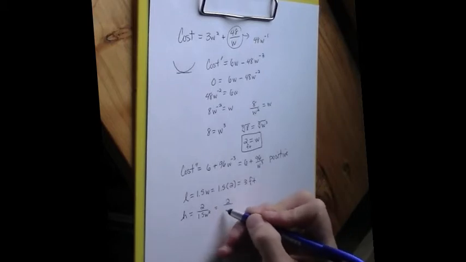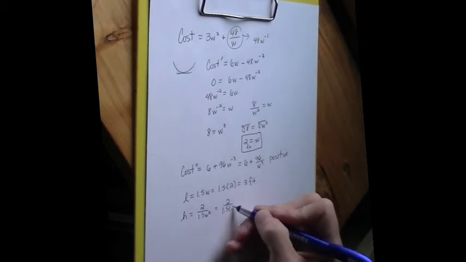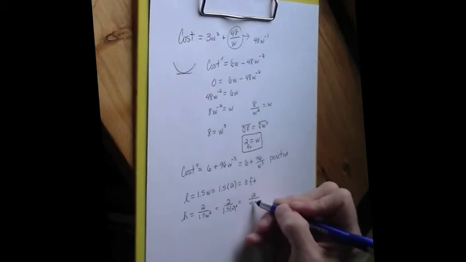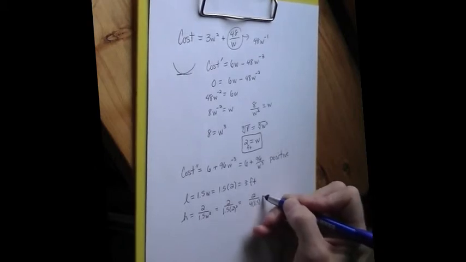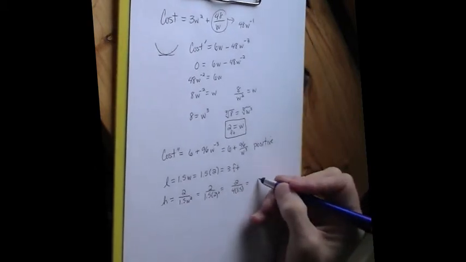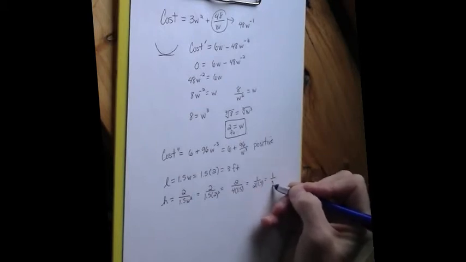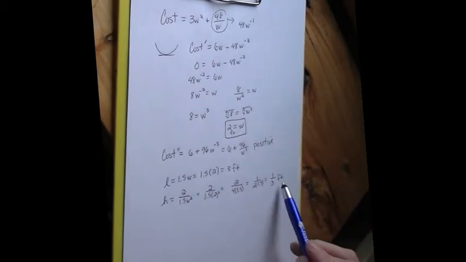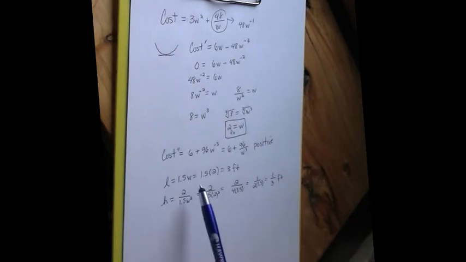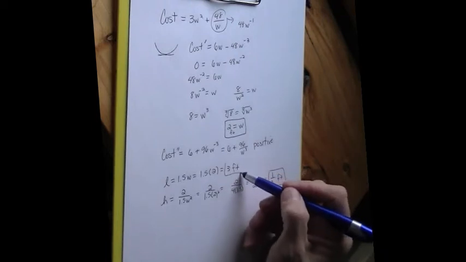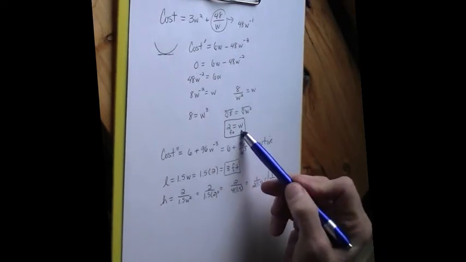So if I plug in 2 for w, that gives me 2 over 4 times 1.5, or 1 over 2 times 1.5, or 1 over 3. So my height is only going to be 1/3 of a foot. So my box is going to be short, but it'll have the appropriate length and it'll have the appropriate volume. So I want a height of 1/3 of a foot, a length of 3 feet, a width of 2 feet.